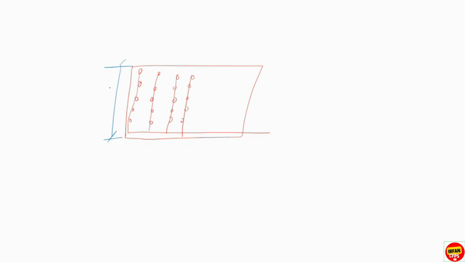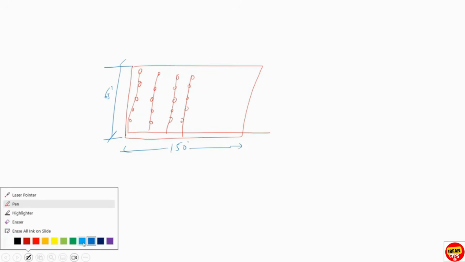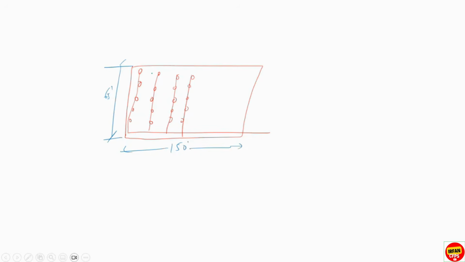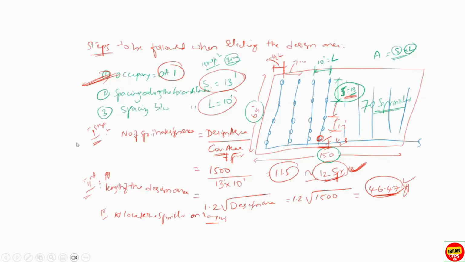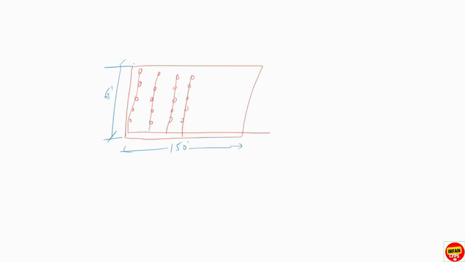So we know this one is 65 feet, right? The floor area, this is 150 feet. So our length of the design area will be, based on the previous slide, 46.47. So from this remotest sprinkler wall, you just come down.